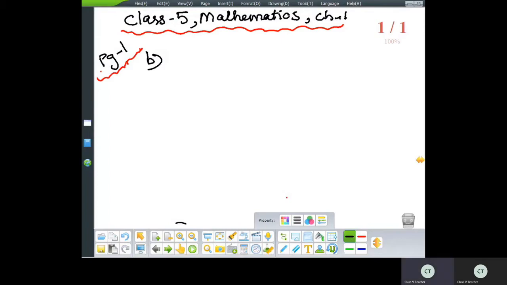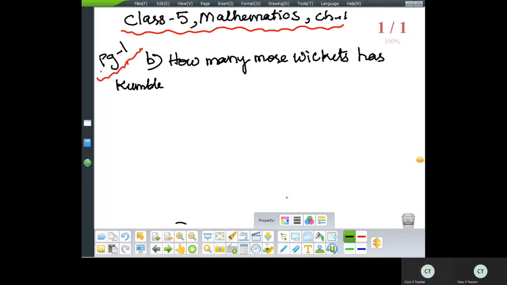So the second question: how many more wickets has Kumble taken than Kapil Dev?